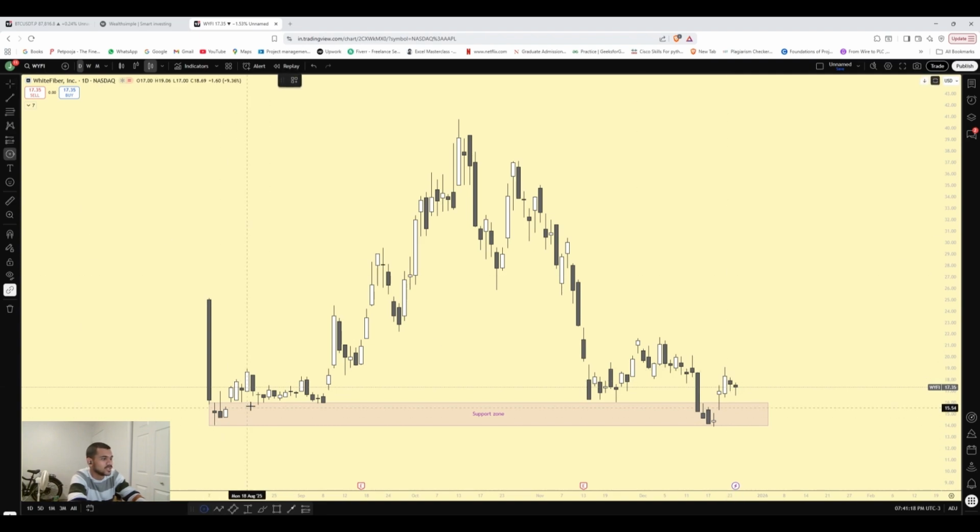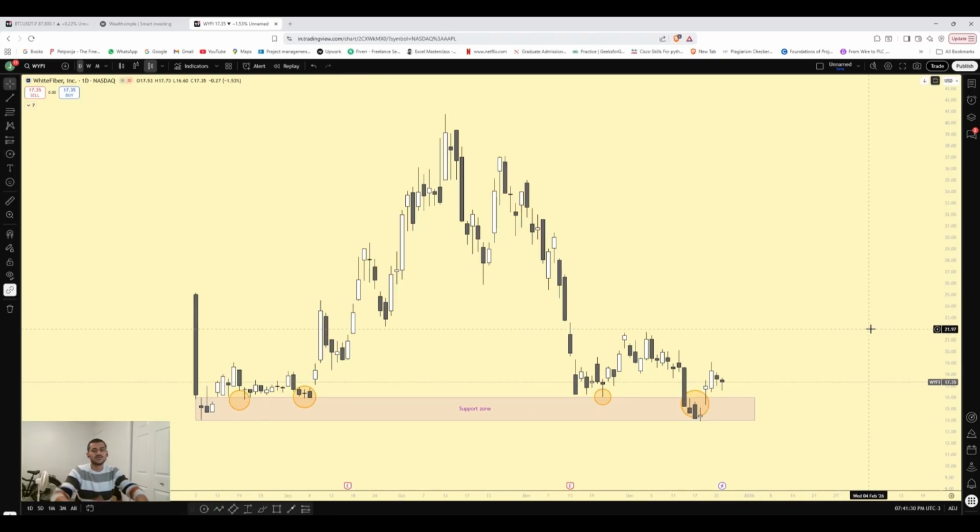Let me quickly mark it for you. Bam, bam, bam, bam. Now look at my hand. Think of this as a ground floor and this as the first floor. You are a kid standing here and you want to jump in a way that you break the roof of the ground floor and land on the first floor.